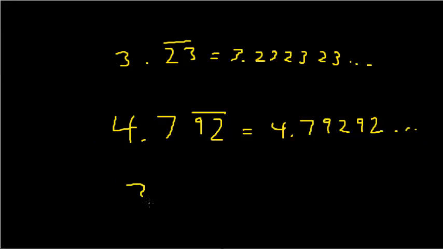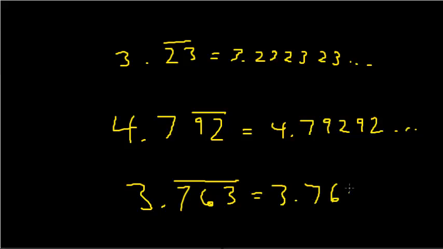Or even 3.763 with a bar over the 7, 6, and 3, and that's 3.7637637, so on and so forth. So that is repeating decimals.